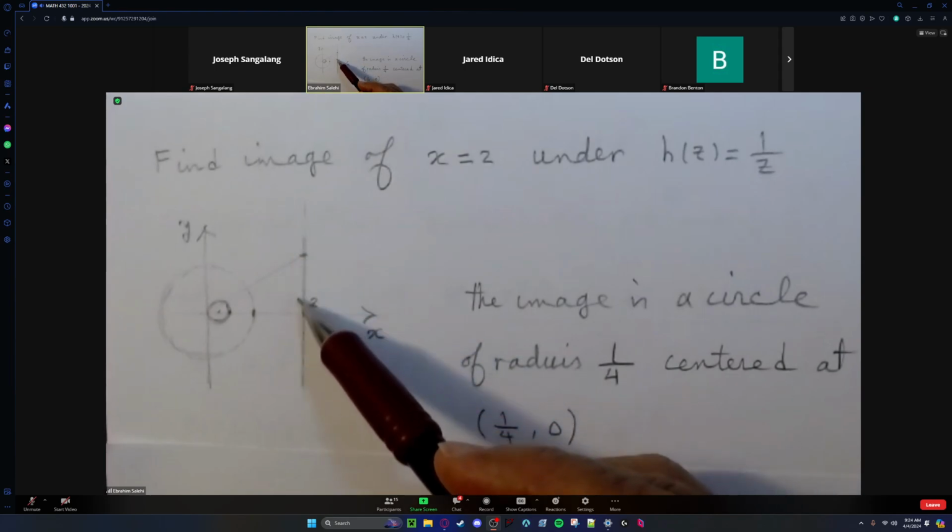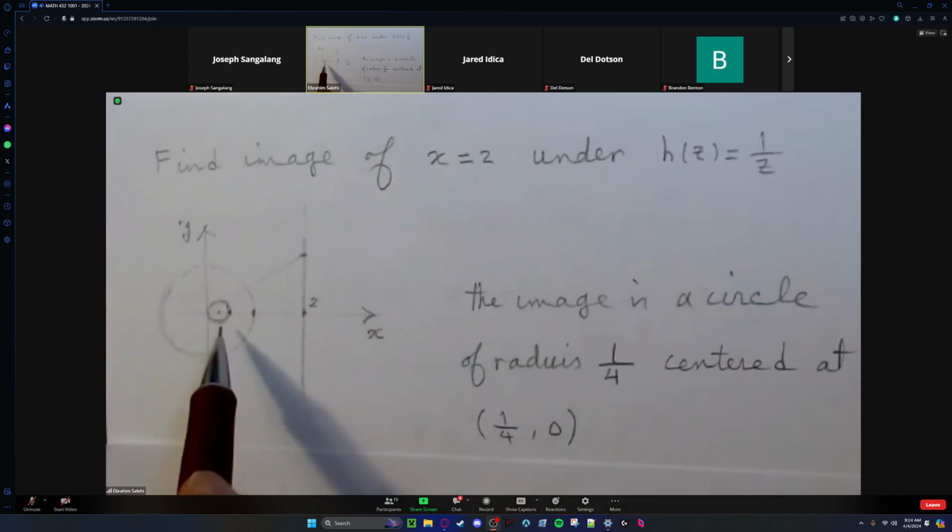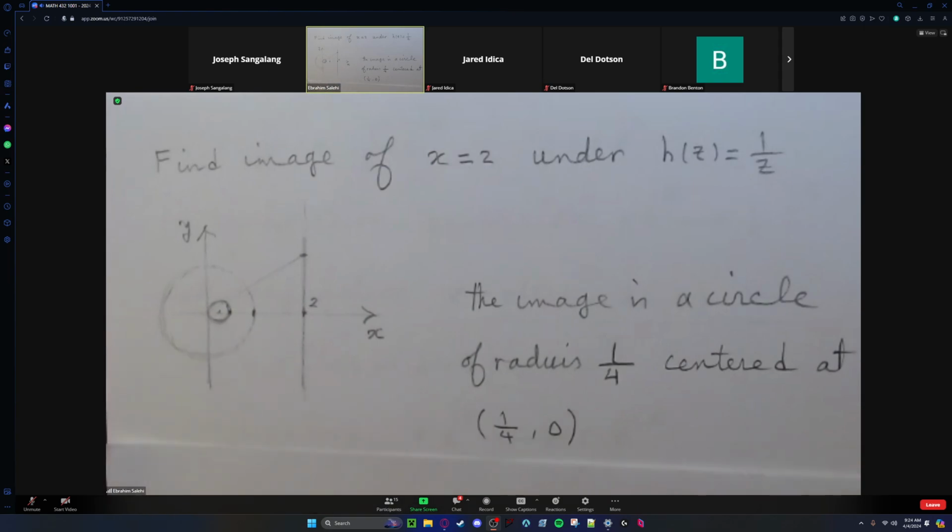So x equals 2 becomes this circle. Doing it geometrically, all right. I could do it analytically like that for x equals 1, but this is good enough.